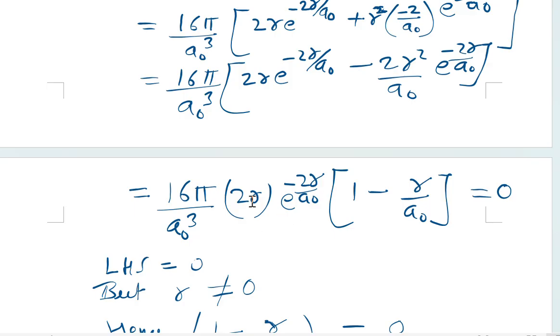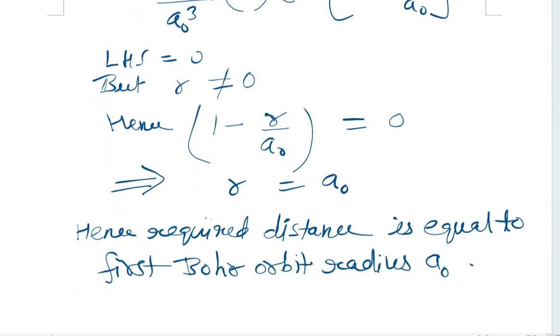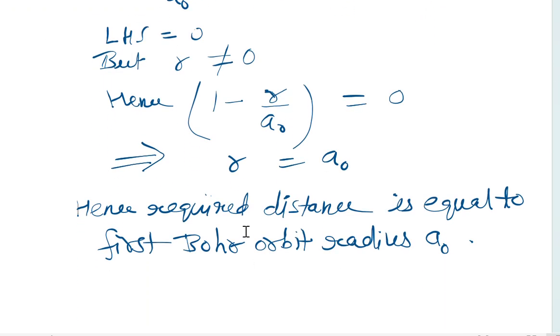But r cannot be 0, because r is the distance of the electron from the nucleus. So 1 minus r upon a0 is equal to 0. What we get: r is equal to a0. Hence, the required distance asked in the question is equal to the first Bohr orbit radius a0.